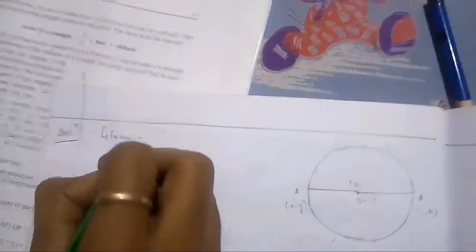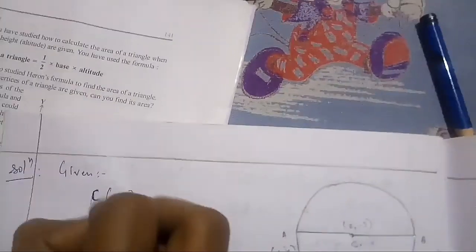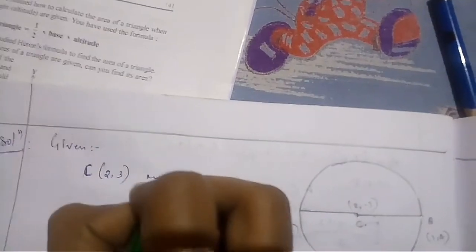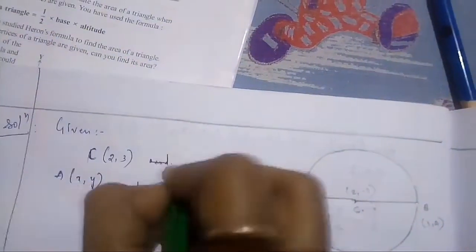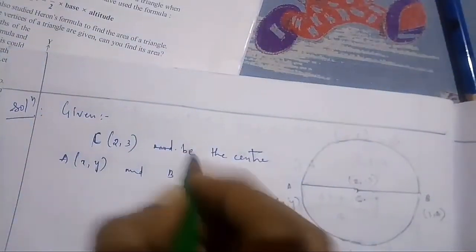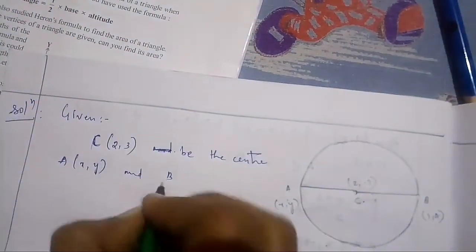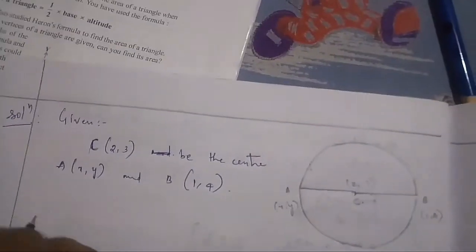Now consider, given that, point C will be the center, C of (2, minus 3), and A of (x, y), and B of (1, 4) they given.